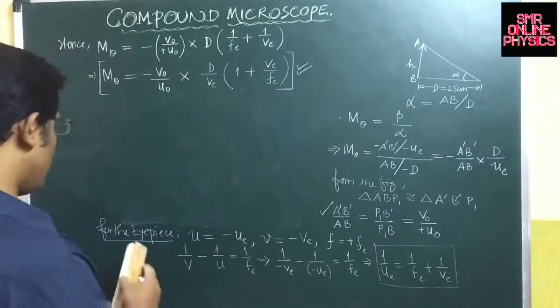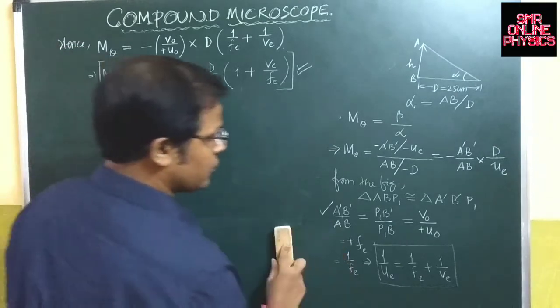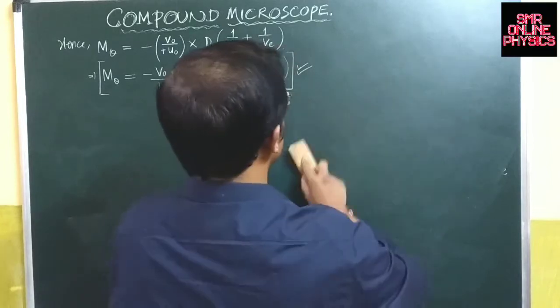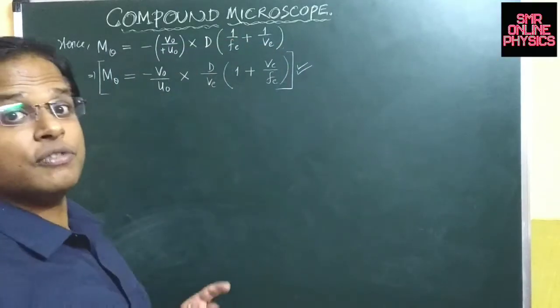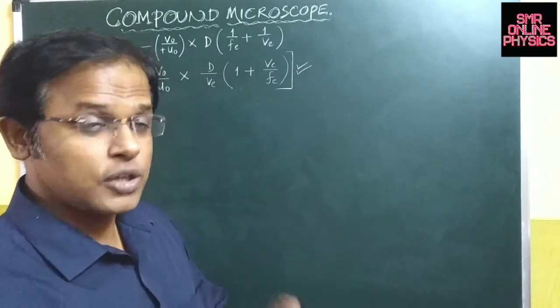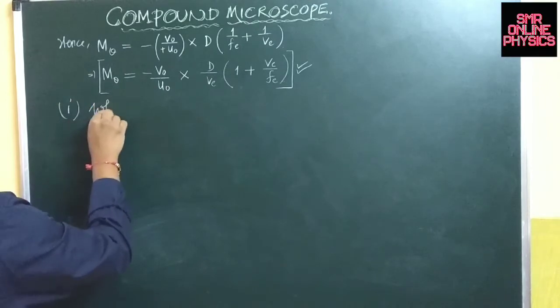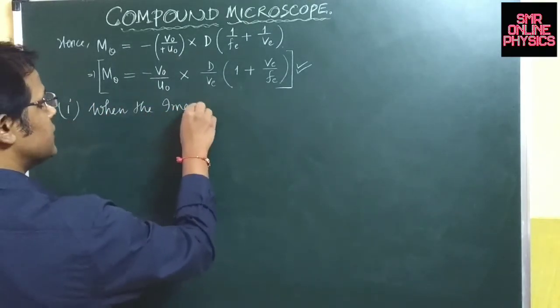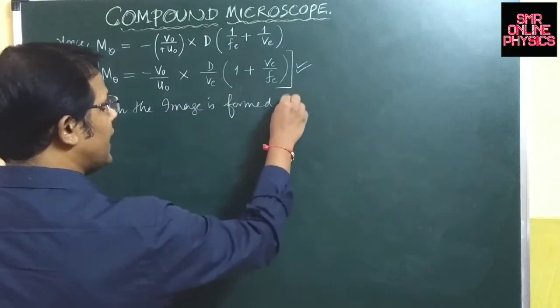Alright? So now there can be two possible adjustments of your microscope's lenses to make your view much clearer, comfortable, and you get a magnified virtual image. So the first possible adjustment can be case 1, when the image is adjusted to be formed at infinity.